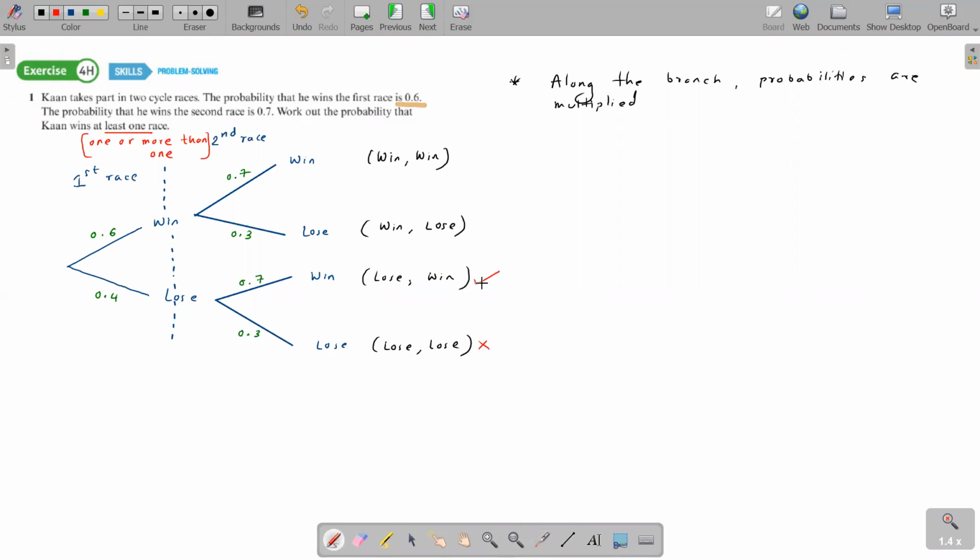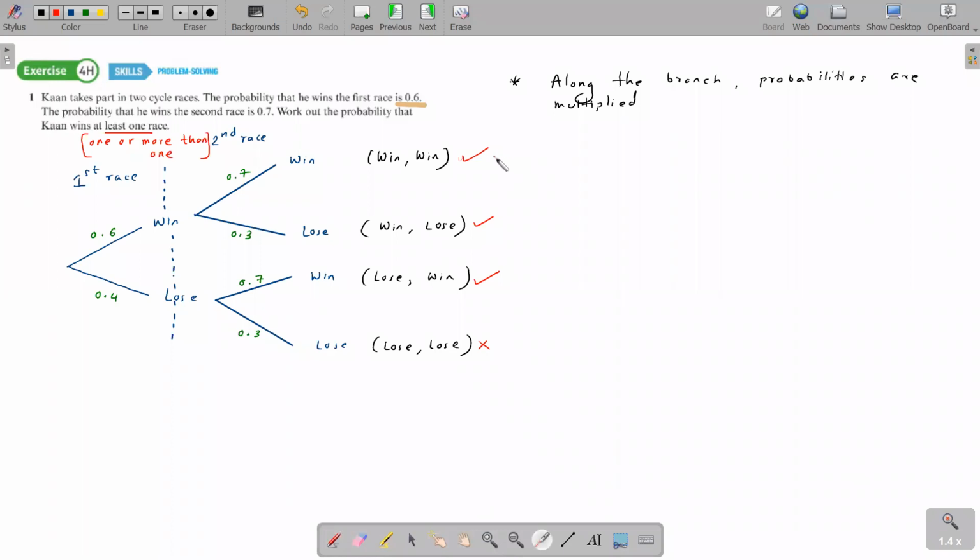Yes, that works. The second branch, win-lose, you have won at least one. And the first branch, win-win: you have won both the games, so one or more than one, that also comes under at least one. Do you agree, guys?